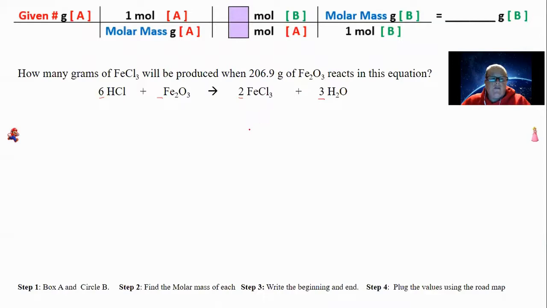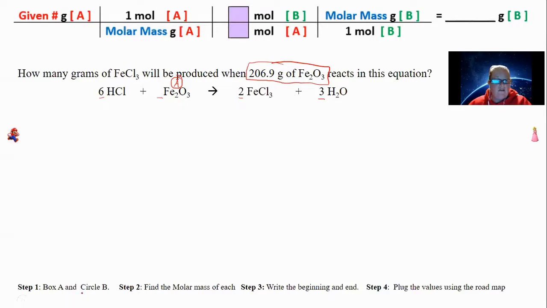The first thing I'm going to do is look for the number, because that's going to give me my A, and I'm going to put a box around it. 206.9 grams of Fe2O3. All right, I know that Fe2O3 is my A. Wherever I have A in my roadmap, I'm going to write Fe2O3.